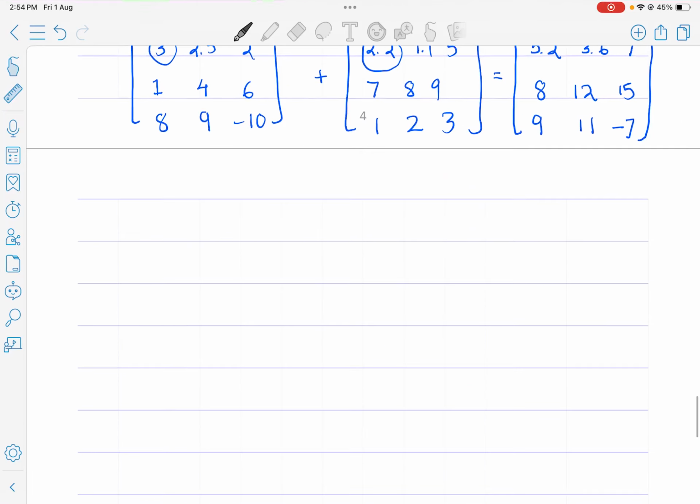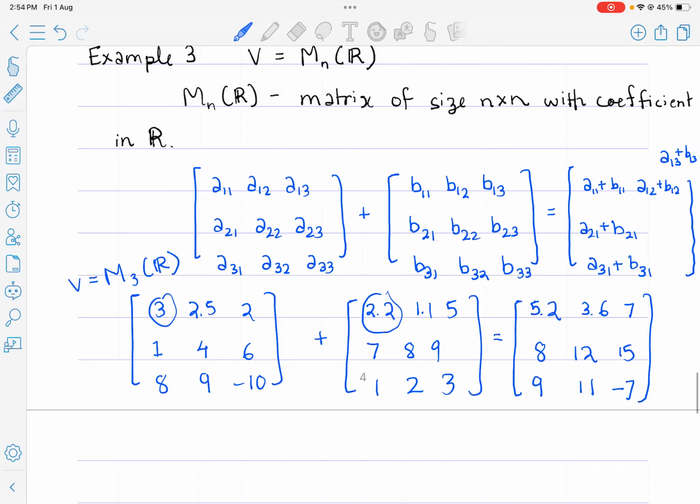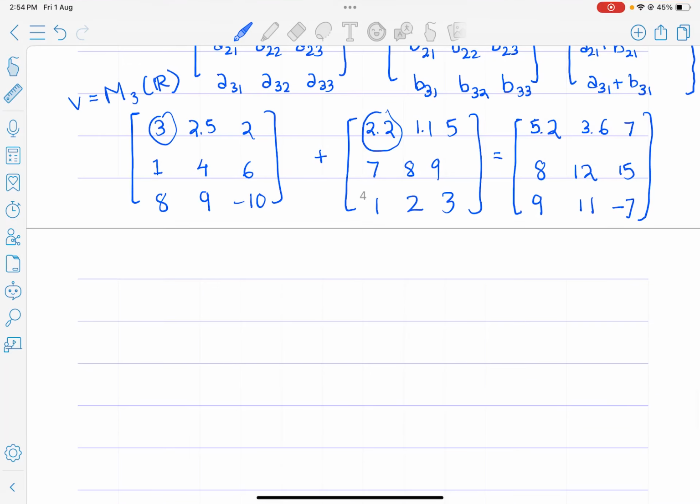Next I need to define also this dot product. How do I define it?